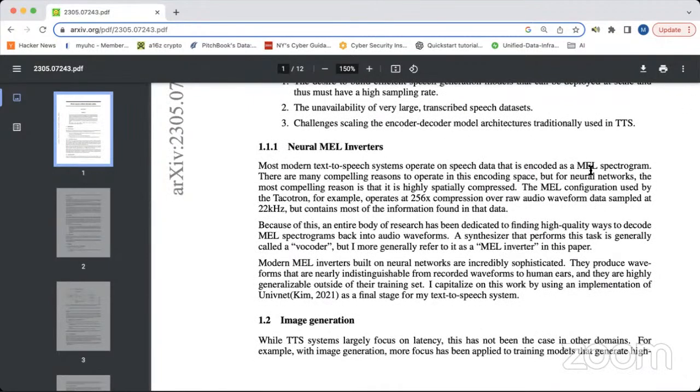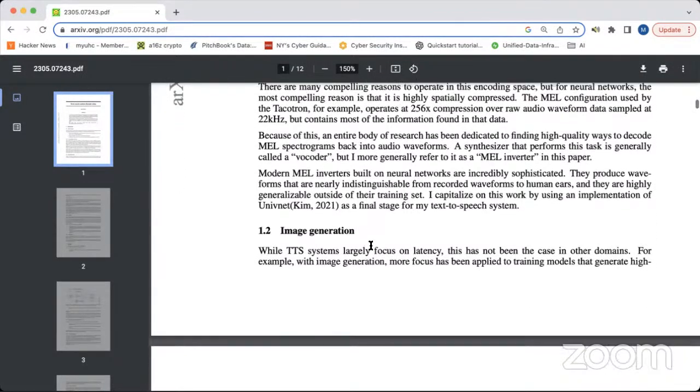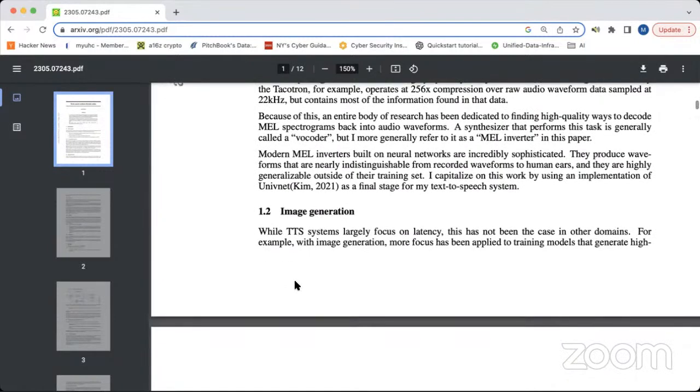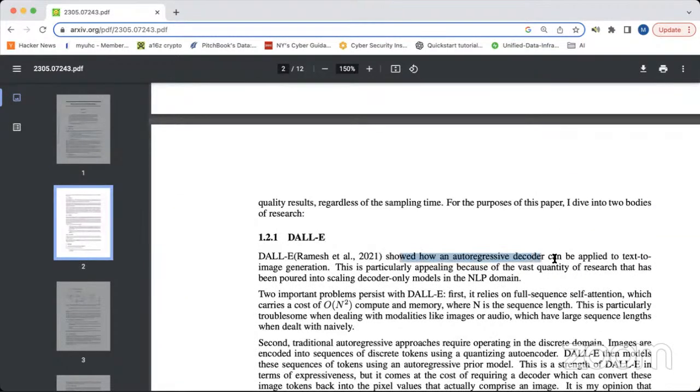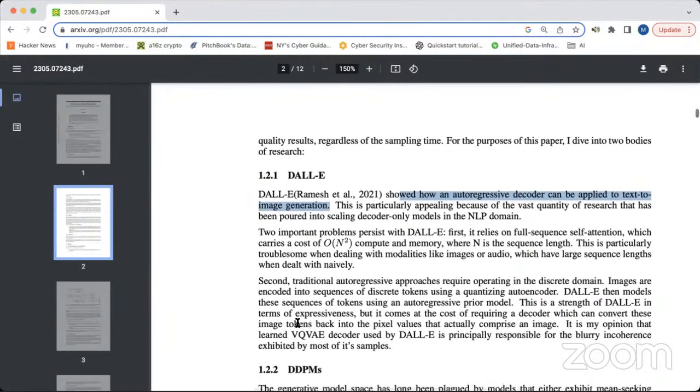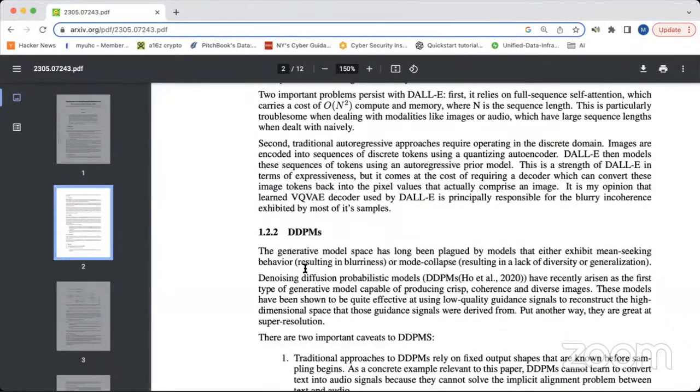He starts by saying what Susinder said: most modern text-to-speech systems operate on speech data that is encoded as a mel spectrogram. Then he gets into how image generation using DALL-E showed how autoregressive decoders can be applied to text-to-image generation. We read this paper a while back. Then he talks about DDPMs.